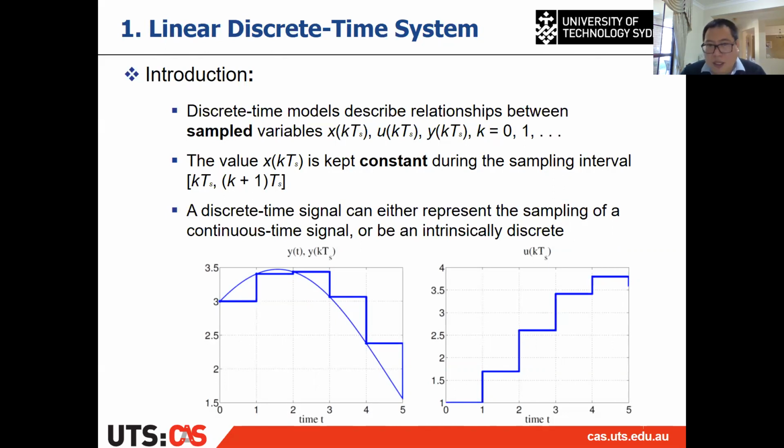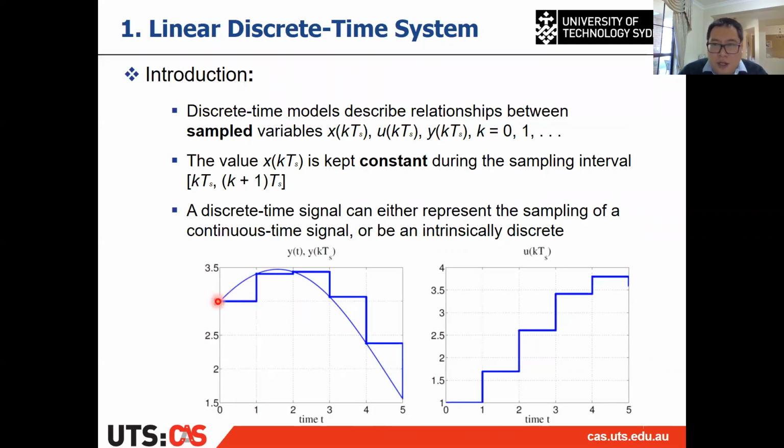That's the first difference. And the second point is the value of the state x(kTs) keeps constant during the sampling interval. Which means if you can see the figure here, if it is continuous, the state will change at any time.